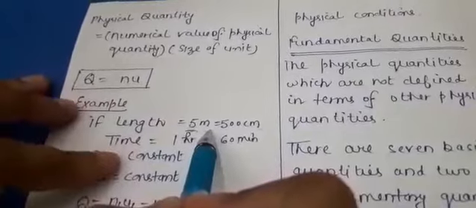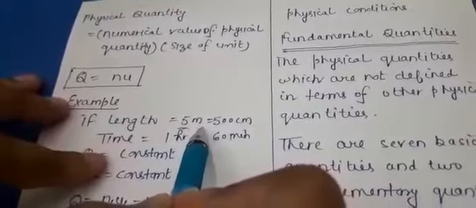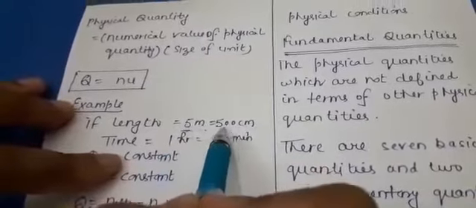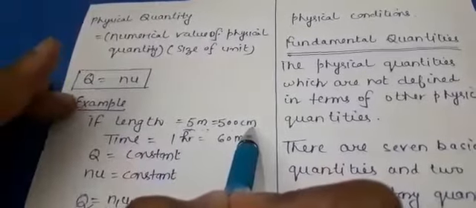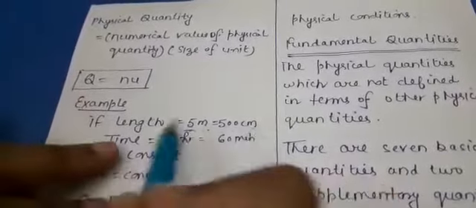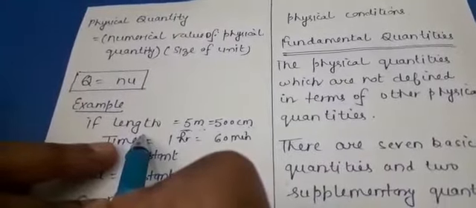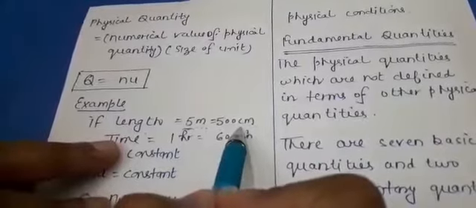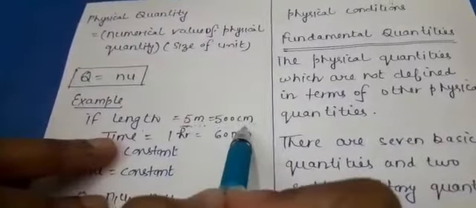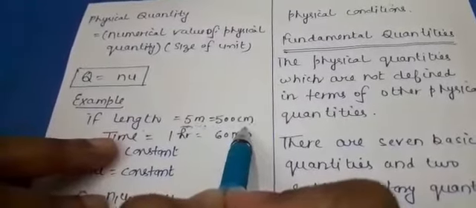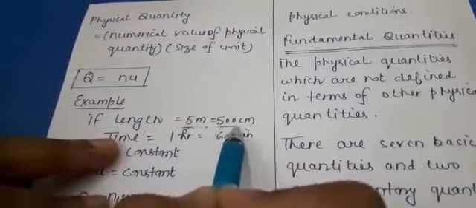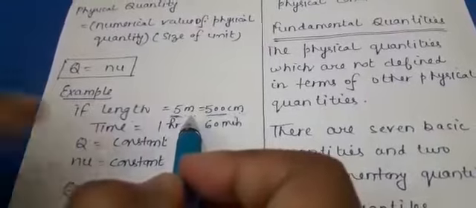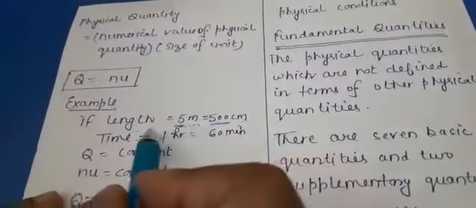So it means when you want to measure length, you require the numerical value as well as the unit. See, if we want to convert it into centimeter, it is 5 into 100, 500 centimeter. So what are you observing here? When length is compared with a unit, in these two cases, first with meter, then with centimeter, which factor is changing? Along with the unit, the numerical value is changing. It means the quantity is changing? No, the quantity is the same.